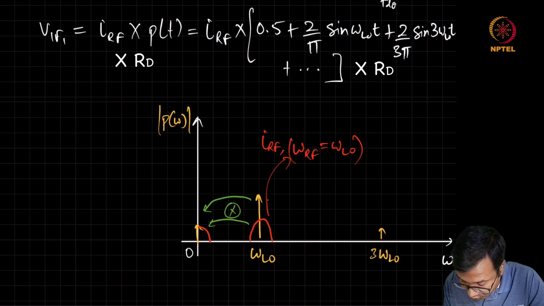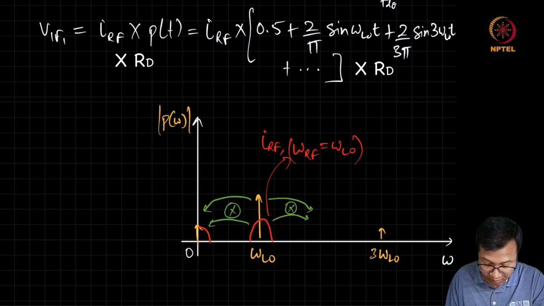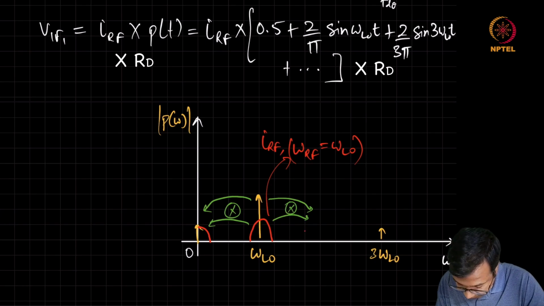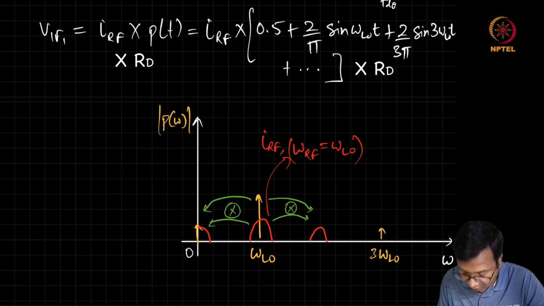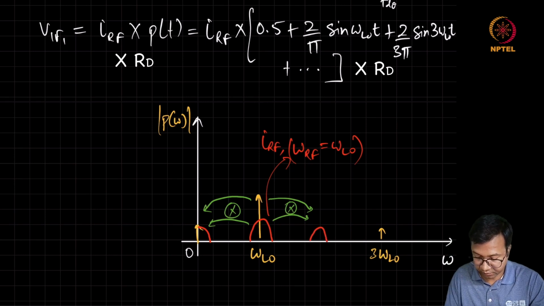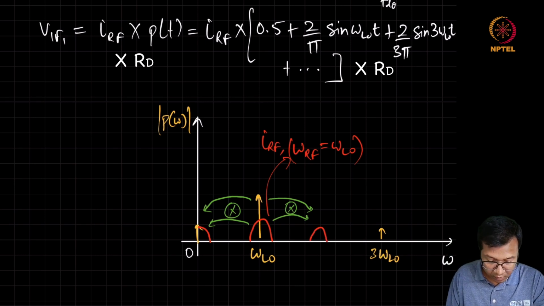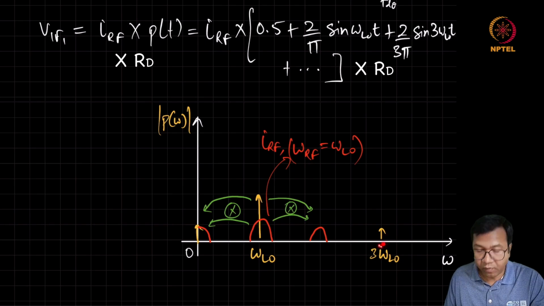It is also going to result in a signal at 2 omega LO, because omega RF is equal to omega LO. It is something like this. What about these extra terms which we are getting as a result of this nonlinearity? So it's 3 omega LO and 5 omega LO. So they are also going to come into the picture.